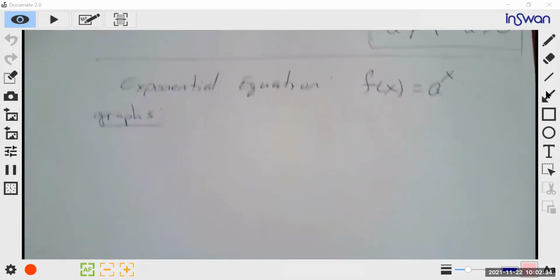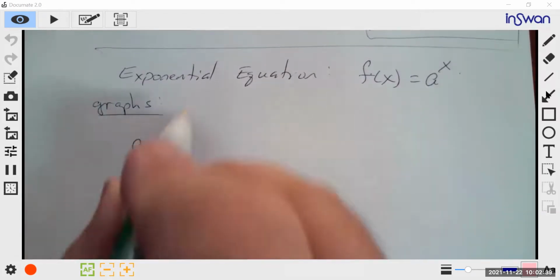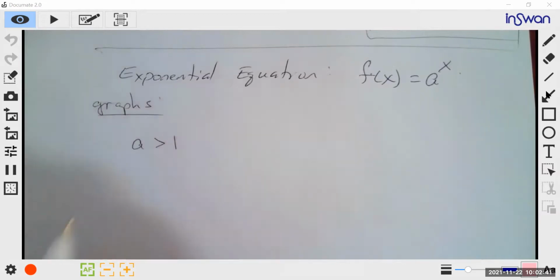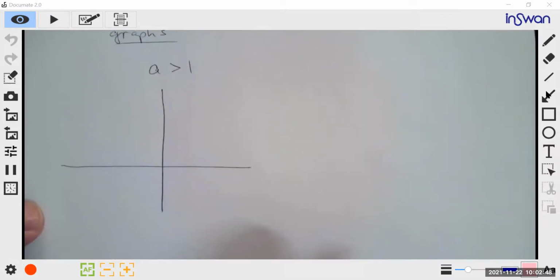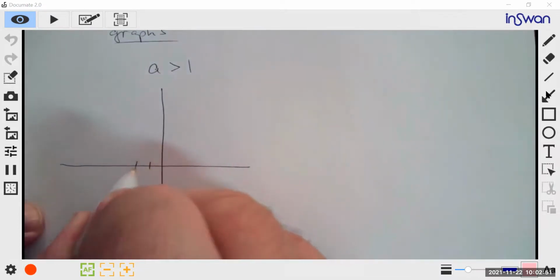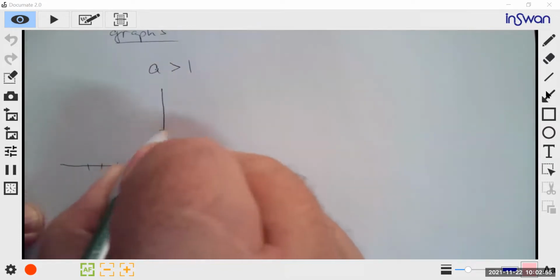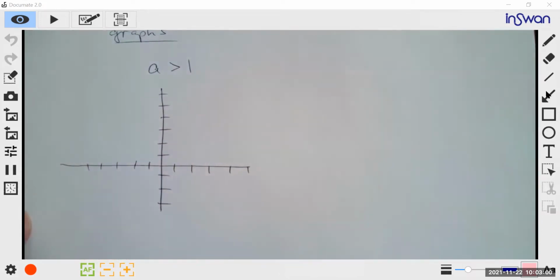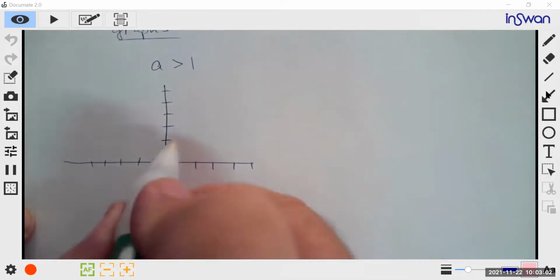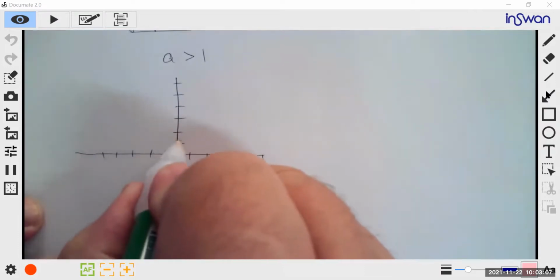Let's look at the graphs. For a greater than 1, the graph looks like this. Remember, anything to the power 0 is 1.